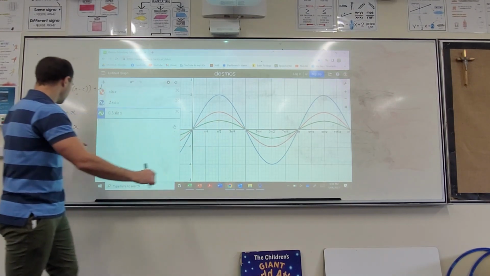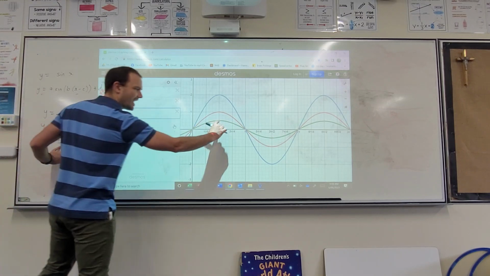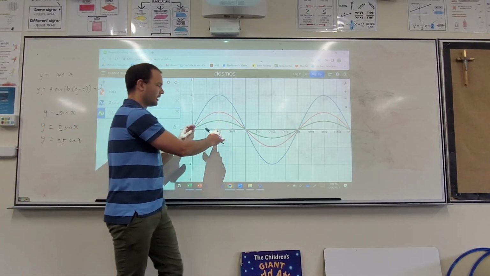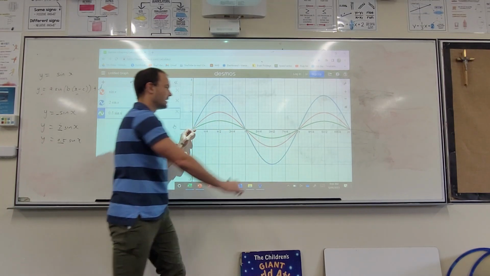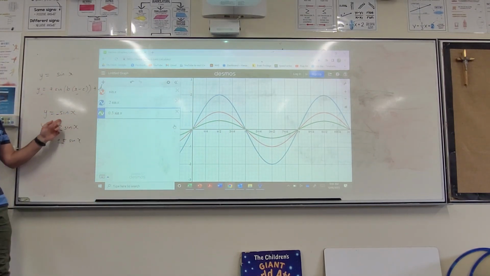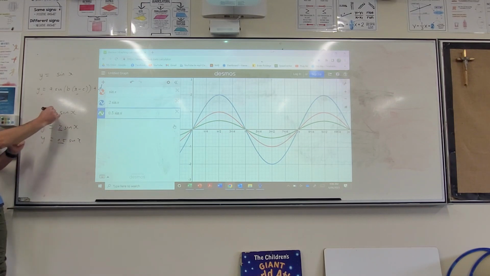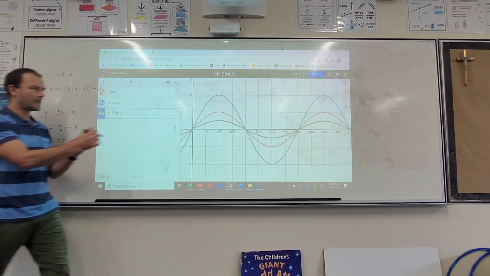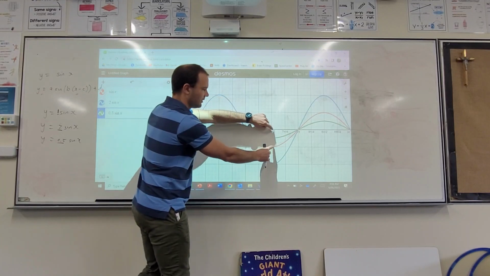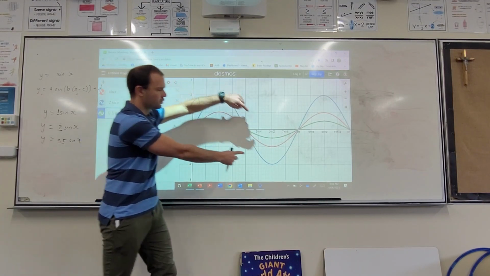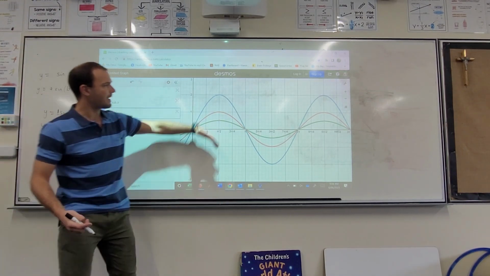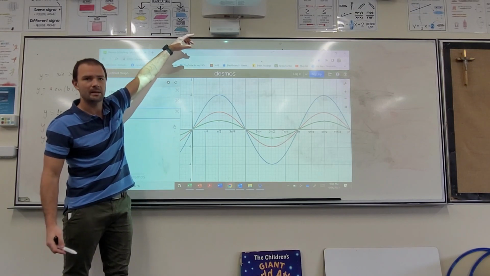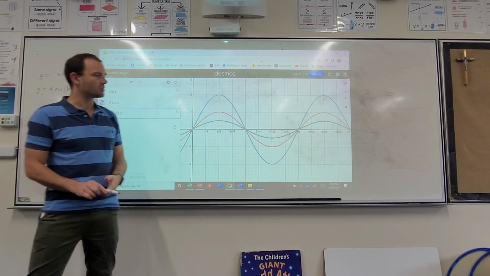If we have the 0.5 sine x function, the amplitude is 0.5. The highest point is 0.5 from the principal axis. If we have sine x, what's the number out the front here? 1. The amplitude is 1. 2 sine x, the amplitude is 2. So this number dictates how far we're going to stretch it. So you could use that in your roller coaster. You could have these massive waves, 5 or 6 meters high, just by changing that a value out the front.